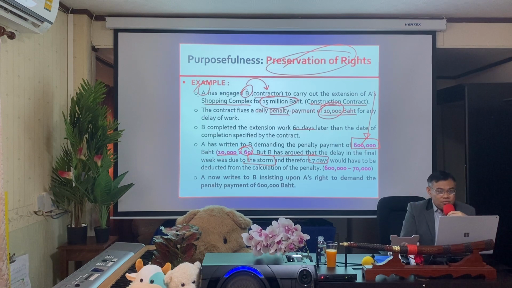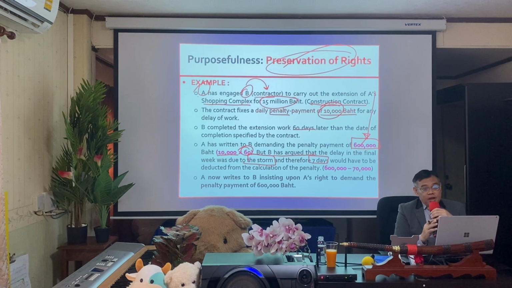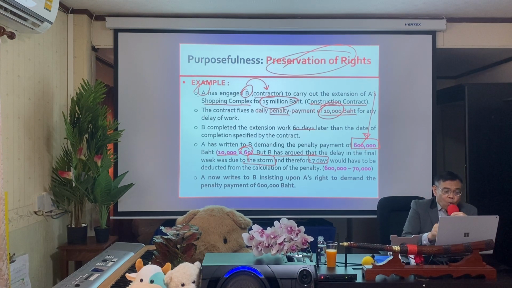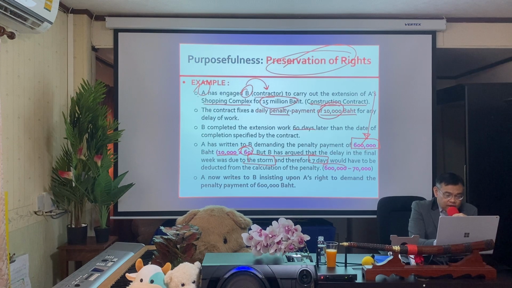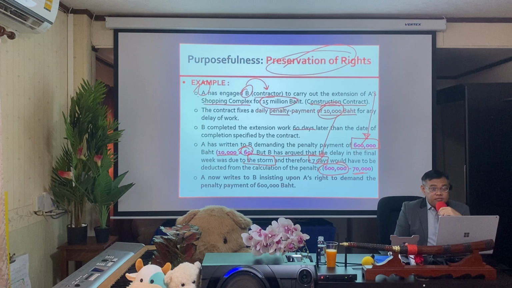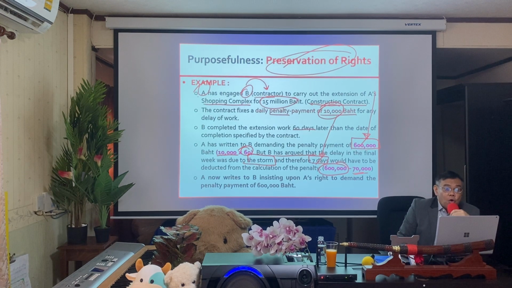That is the argument raised by B. So B said, we are not going to pay the penalty of 600,000 baht. We would have to pay 600,000 baht minus 70,000 baht, because the delay during the last 7 days was caused by the storm, which was not B's fault.